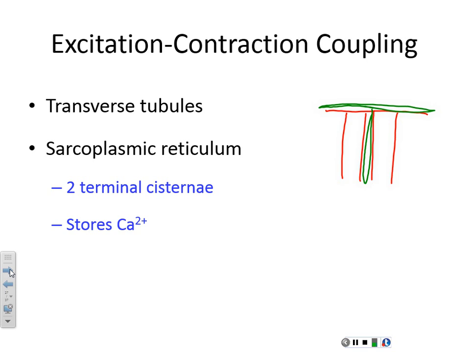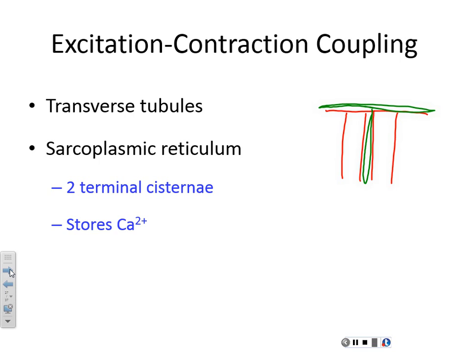Sometimes in the exam I'll say, can you please explain to me what the triad is and what are the purposes of those components? Then you talk about the two cisternae flanking the transverse tubule. The job of the transverse tubule is to spread the impulse throughout, so it reaches the deeper bundles. And then of course the sarcoplasmic reticulum extensions called cisternae store the calcium.